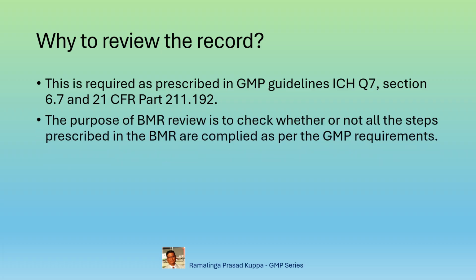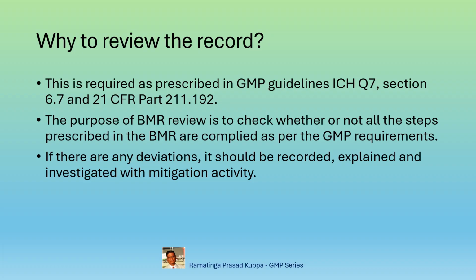The purpose of BMR review is to check whether or not all the steps prescribed in the BMR are complied with as per the GMP requirements. The purpose is clear. The data from BMR should reflect the exact process and activities that were carried out during the manufacturing of the product.